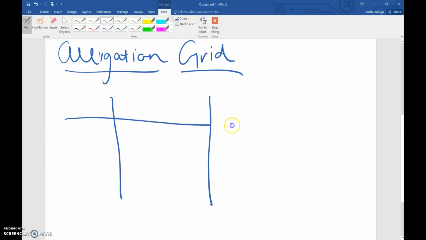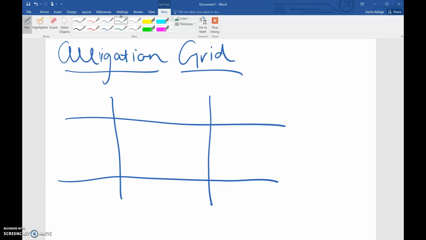Once you identify your 2 stock concentrations and your desired concentration, you take those 3 concentrations, which must be in percentages, and place them within the allegation grid.